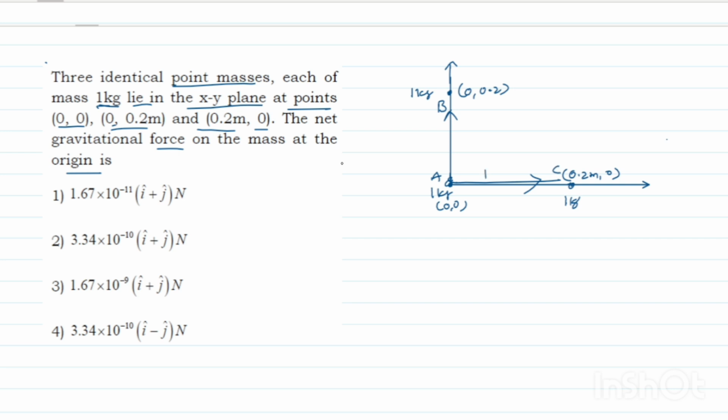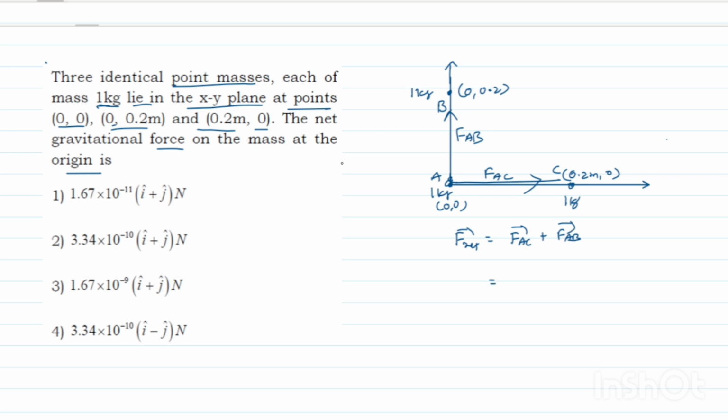FAC will act along this direction, FAB along this direction. In terms of position vectors they are asking, the net resultant force is FAC plus FAB.